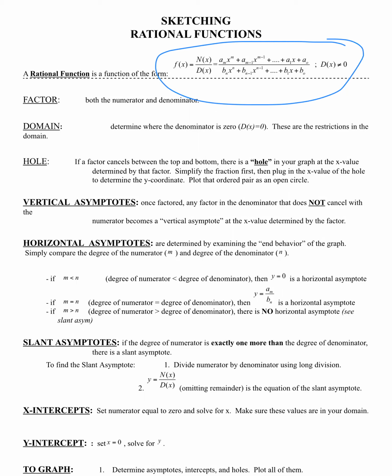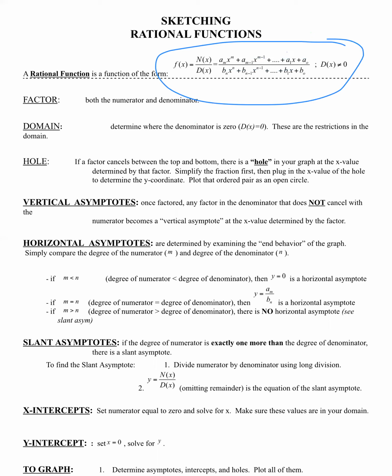For our purposes, we're not going to be dealing with any variables raised to fractional exponents. So we're just going to have some polynomial on the top divided by some polynomial on the bottom. That's pretty much all it is, okay? So don't let all this mumbo jumbo in here confuse you, okay? It's just polynomial on top and on bottom, okay?